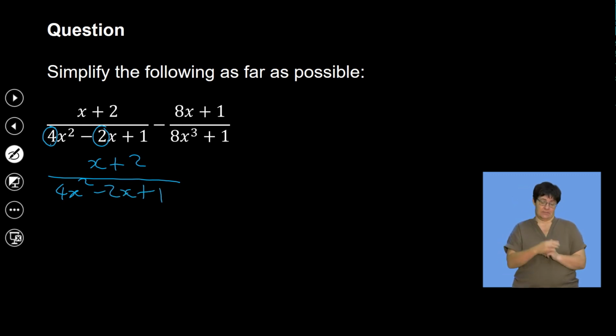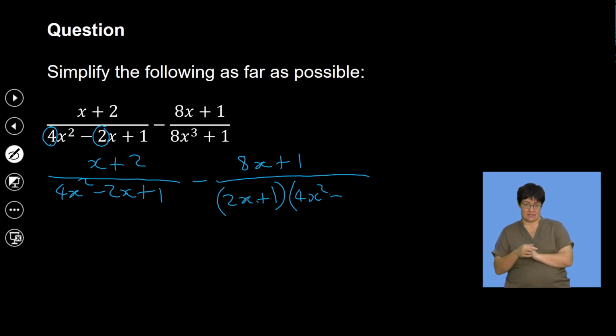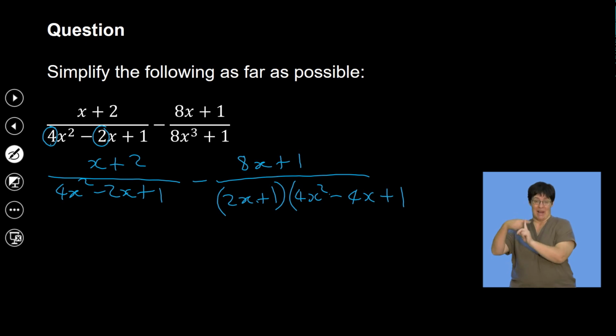And then the second term, you can factorize it, 8x cubed plus 1. Then this one here will be the same as 2x plus 1 in the brackets because it's a cube, right? And this 4x squared. And then since this is a plus, it becomes a minus here. And then remember, because it's 4 there and the last one will be 1, it also becomes another 4 here and x. And then lastly, it becomes plus 1, right?